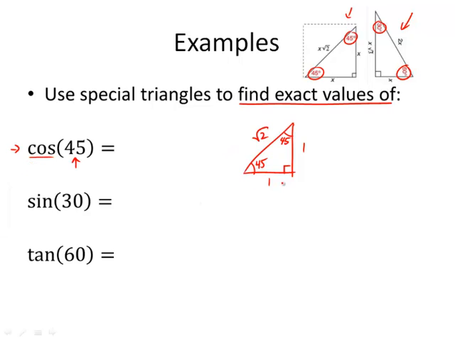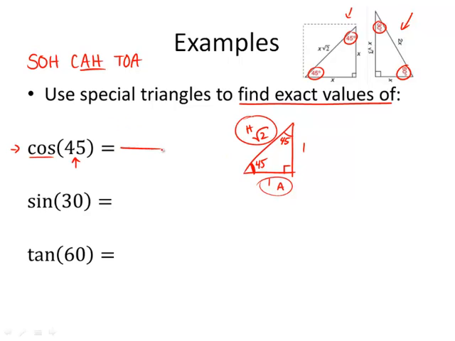So try it a few different ways and see if you get the same proportions. Cosine, from our mnemonic SOHCAHTOA, relates the adjacent and the hypotenuse. So if 45 is our reference angle, then we have our adjacent being 1 and our hypotenuse being root 2.